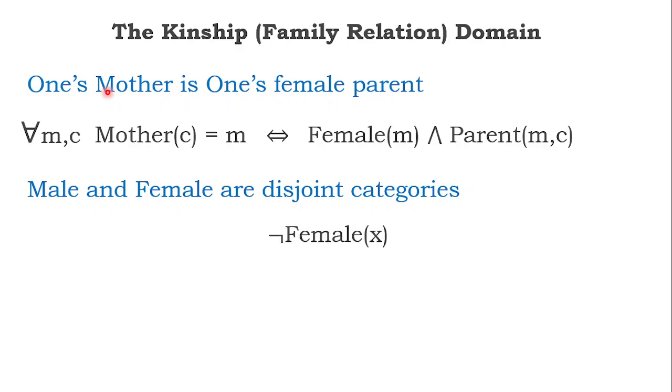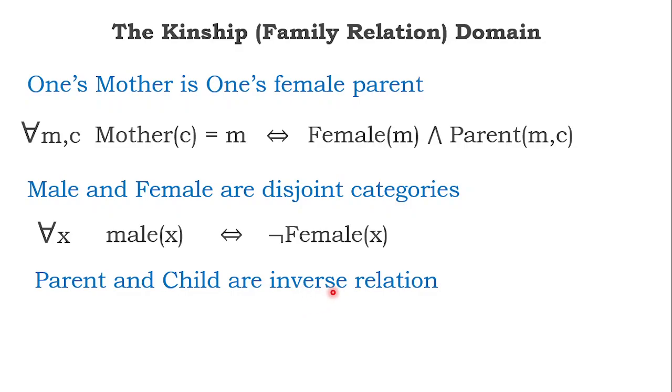Negation: if X is not a female, obviously then X is a male. Both are correct if this condition is satisfied. This is called biconditional. Okay, remember. X is a male if and only if X is not a female.